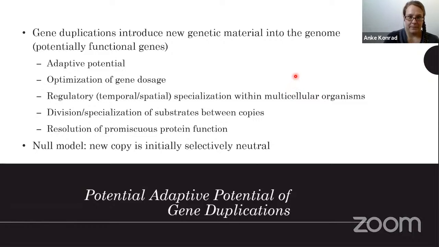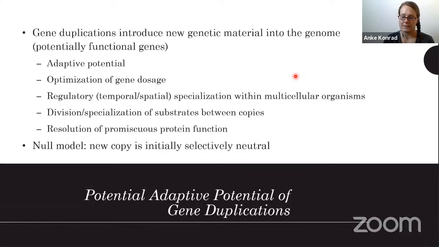Now, gene deletions, of course, if they delete genes that are singleton genes to begin with, have likely deleterious effects, but gene duplications are considered one of the ways to introduce new genetic material into the genome that may be functional and upon which adaptive evolution can act.